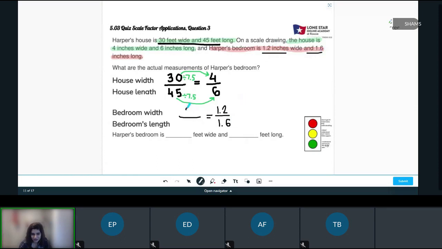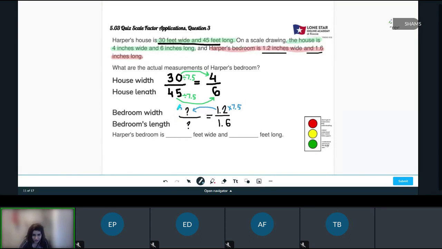I want to figure out the actual dimensions. Remember, like before, I'm going to do the inverse. See, I'm moving in the other direction. Now I'm moving from 1.2 to the actual dimension. Rather than dividing by 7.5, I will multiply by 7.5. Right? When I do 1.2 times 7.5, I get an answer that is 9.